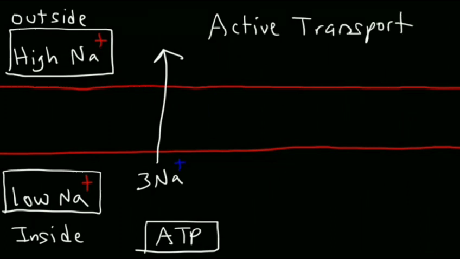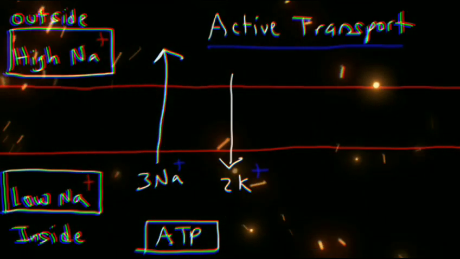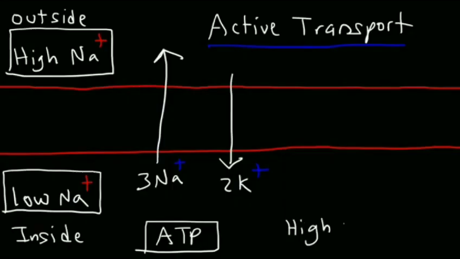Now, as the 3 sodium ions move up the concentration gradient, two potassium ions are going to move in the opposite direction. So it's a 3-to-2 ratio. The concentration of potassium ions inside the cell, as we mentioned before, is high.